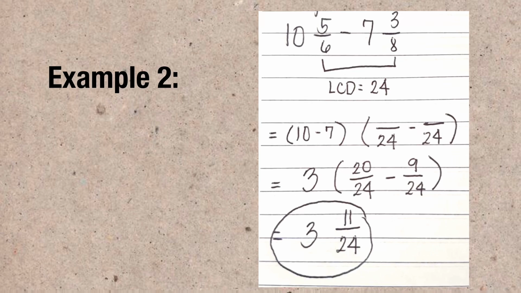So, 3/8 is equivalent to 9 over 24. Then, subtract the numerators. 20 minus 9 equals 11. Then copy the common denominator, 24. Therefore, 10 and 5/6 minus 7 and 3/8 equals 3 and 11 over 24.